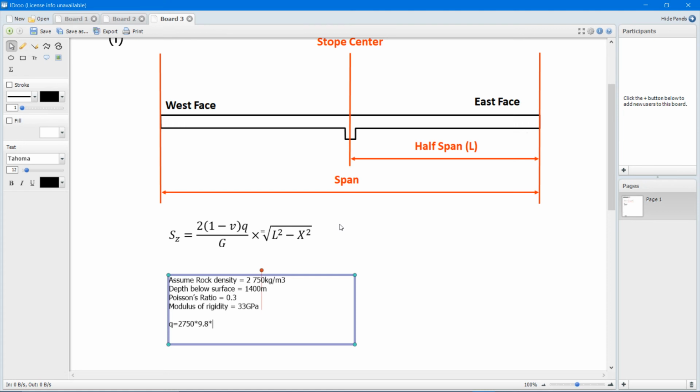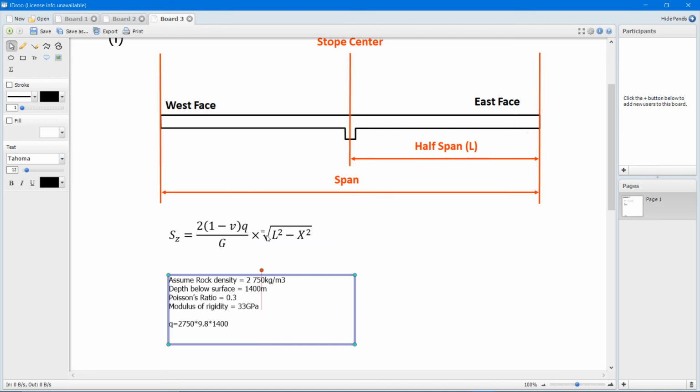And then the depth, which was 1,400. Now, that's what we're going to substitute for Q. Poisson's ratio we've already got, 0.3. And then G is modulus of rigidity, 33 gigapascals. Now, you always use basic units, so this is 33 times 10 to the power 9 when you substitute that.